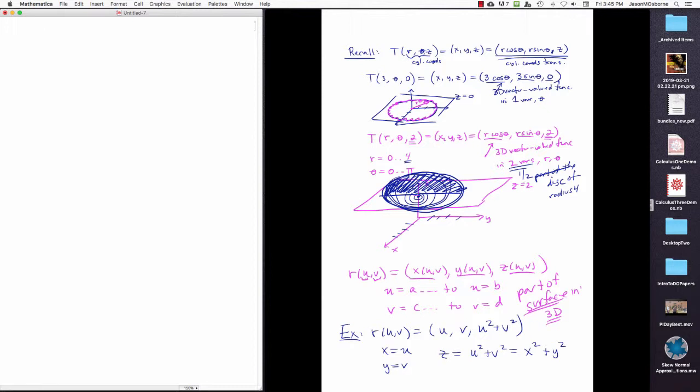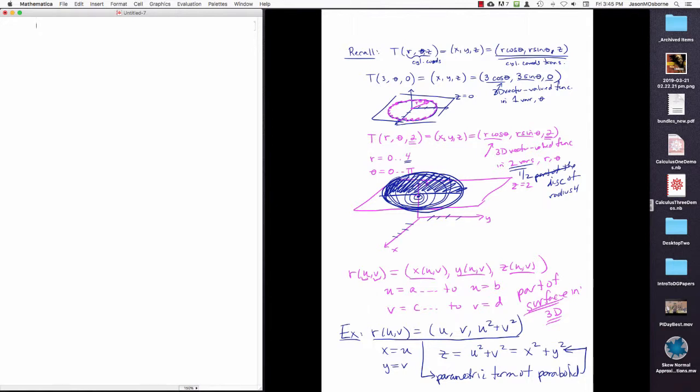So what we have described here is the parametric form of the paraboloid z is equal to x squared plus y squared. We'll show some pictures in just a second of how you can test these things.